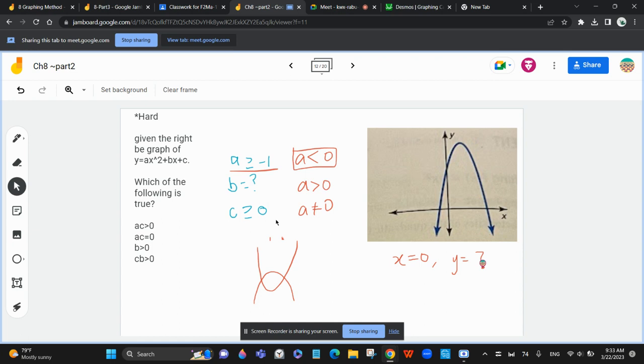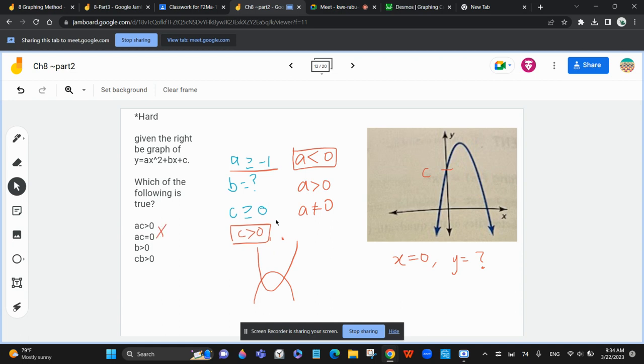From the graph you can see that this one is c, right? So if it is at the upper side of the y-axis, should it be negative? So c is also positive. So that crosses out the first two.